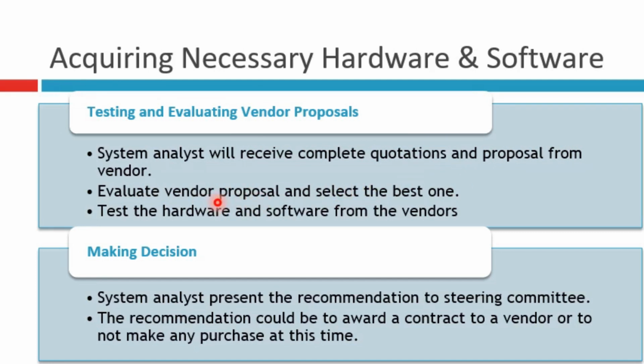The system analyst may receive more than one proposal or suggestion from the vendors. So it's the job of the system analyst and the team to evaluate every vendor proposal and select the best one with the best price. The system analyst will also test the hardware and software from the vendors before making the decision in the next step.